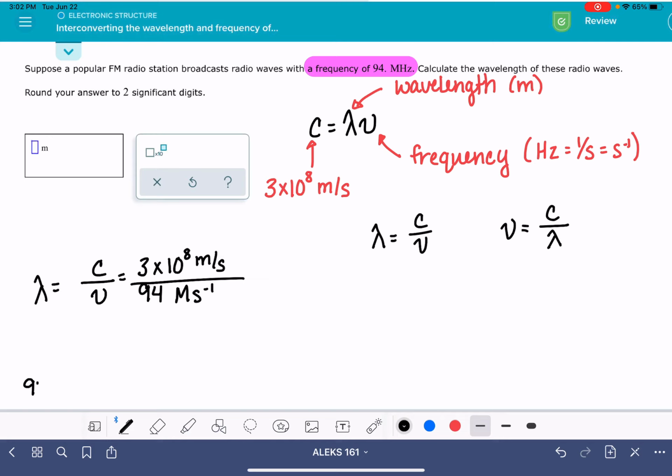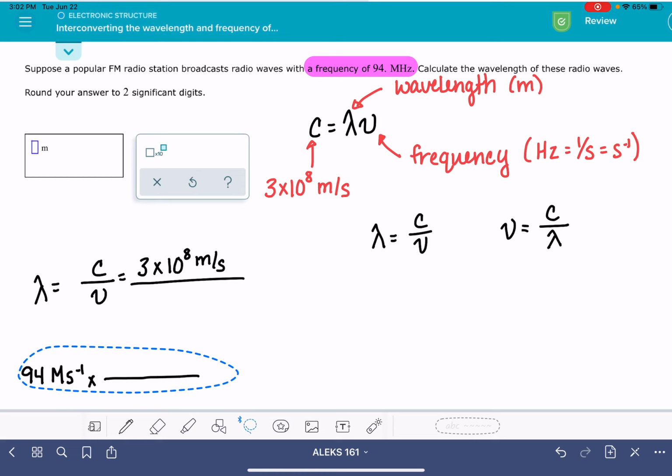I've got to take that 94 megahertz and convert it into a unit that is just hertz, or just seconds to the -1. So this means I need to do a metric unit prefix conversion. I'm going to erase this because it isn't going to work in this equation, and I am going to do a unit conversion down here. I want to get rid of my units of megahertz and convert into just regular old units of hertz.